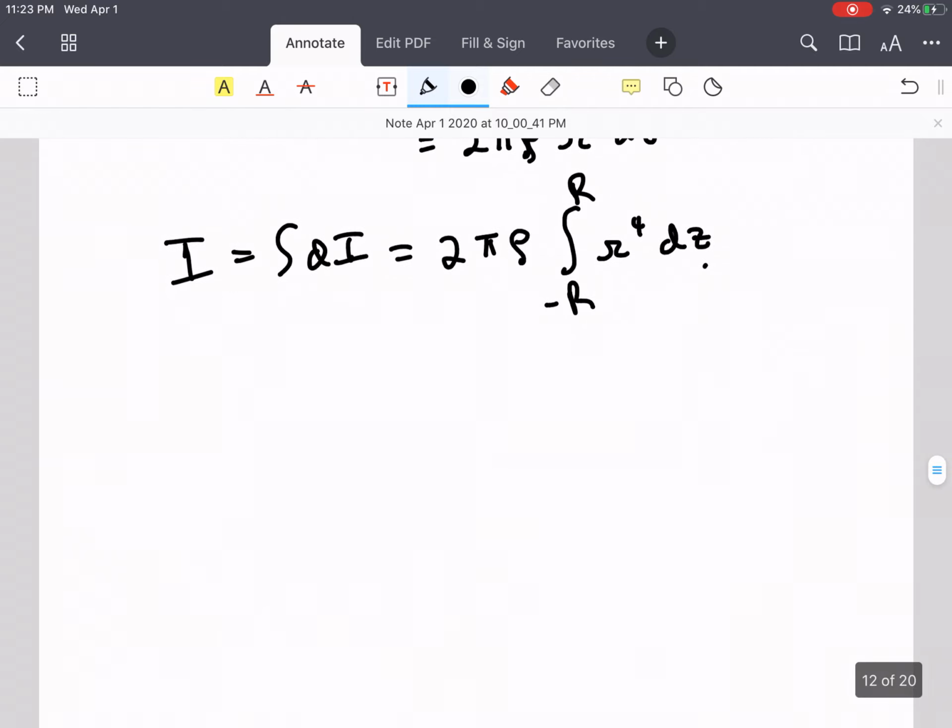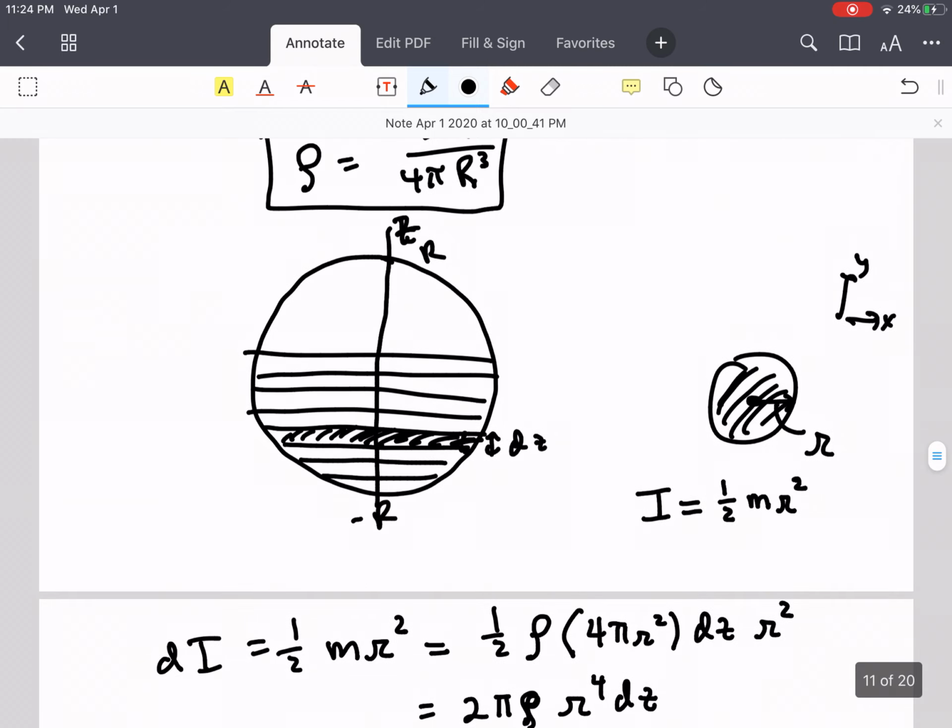So we're almost ready to go. The only thing left to do here is to figure out what is r of these slices as a function of z. And in order to do that, all I need to know is what's the equation for a circle. So the equation for a circle, here this is this distance, lowercase r.